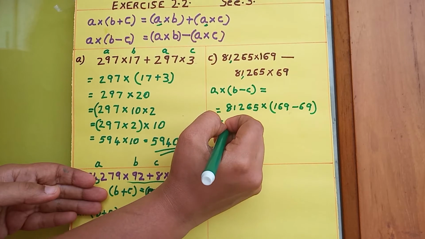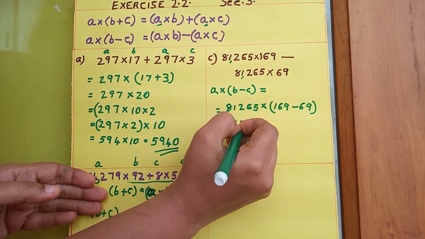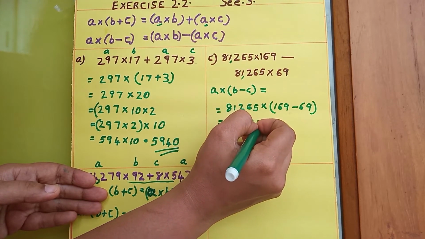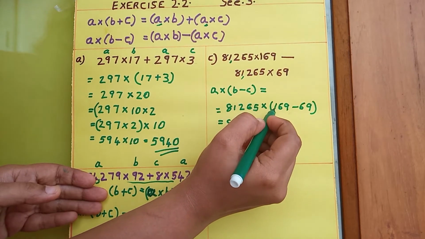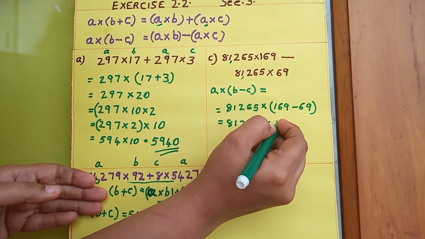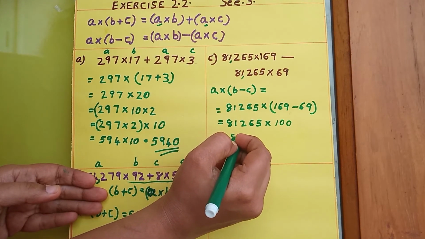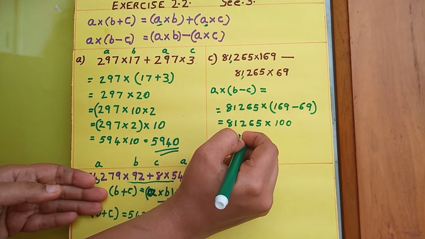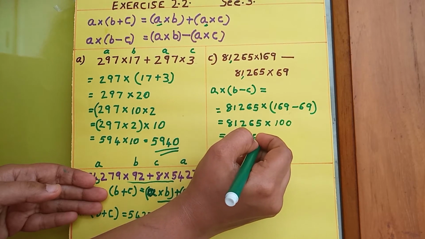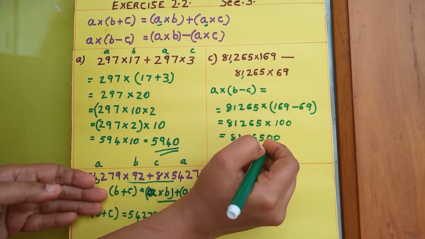Again this will be equal to 81,265 into 169 minus 69, which comes as 100. So our answer is 81,265 and just add 2 zeros.